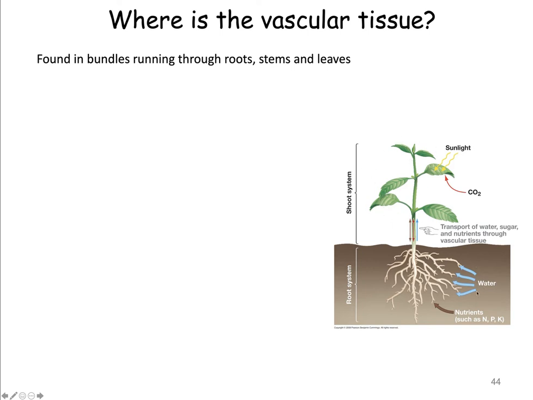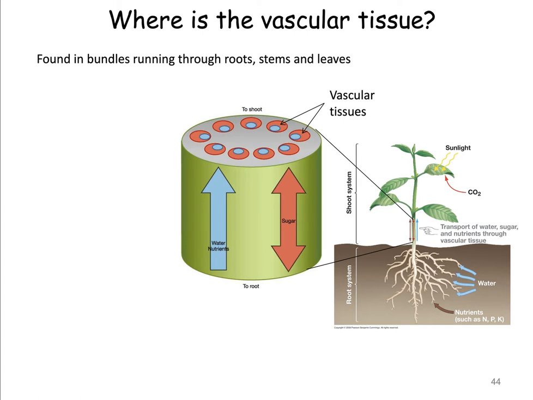So those water and nutrients need to come in through the roots, and then they're transported through the vascular tissue that runs from the tips of the roots all the way through to the main stem or branch of the plant. And then those vascular tissues also run out into the individual leaves so that all parts of the plant can have water and nutrients delivered to them.